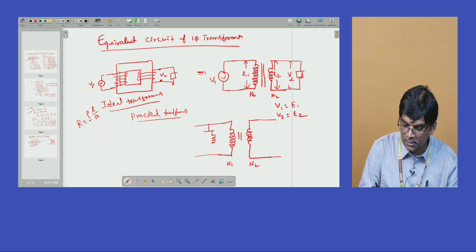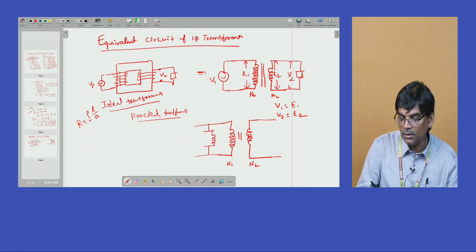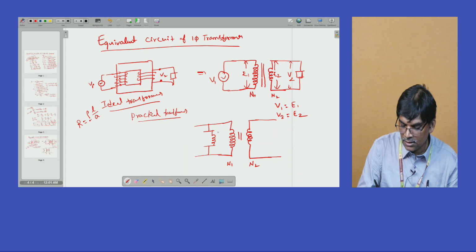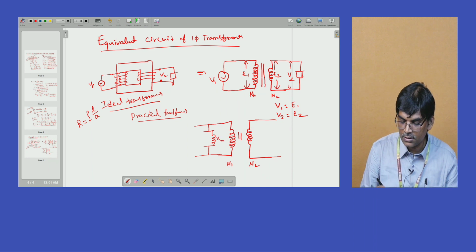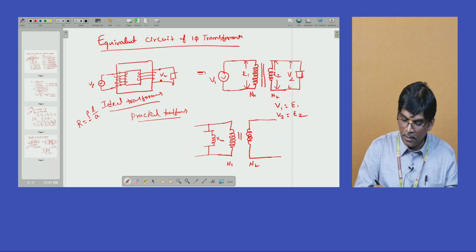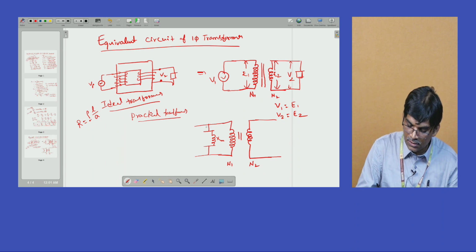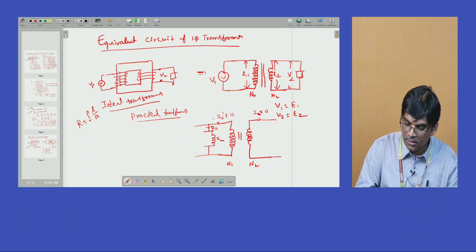It is represented by some inductance, that is, a reactance, whose purpose is the magnetizing current. The magnetizing current is represented by this value, simply called Xm. So here in the open circuit condition, this current is called I naught, and here I2 is equal to 0, and I2 dash, the secondary current referred to the primary, is also 0.